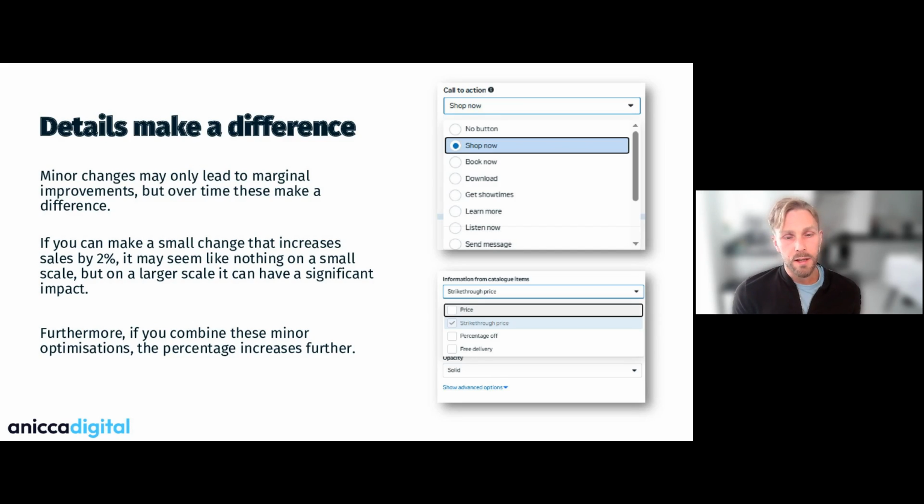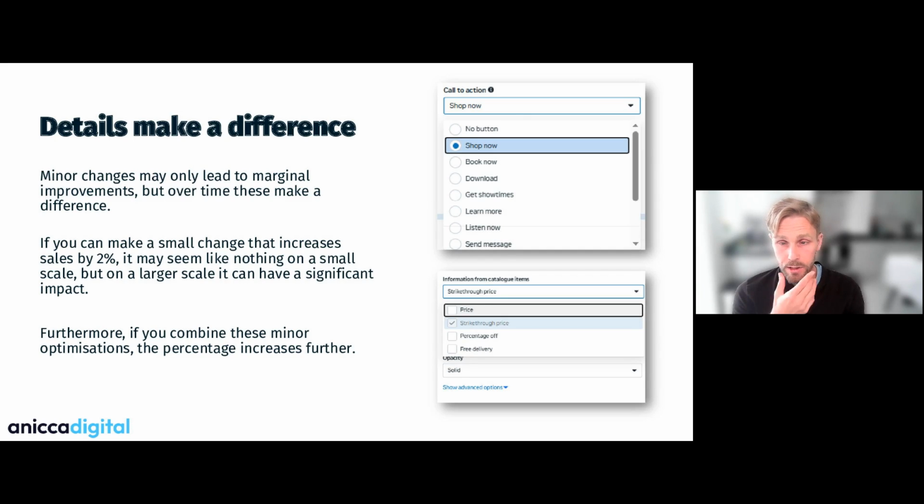If you look at 2% in a 7-day window, that's not a big difference. But over a greater period of time, that 2% can make a big difference. If you keep on making those minor changes, those percentages are going to grow and stack up. If you made 5 optimizations, that's marginally increased it by a few percent. All of a sudden, that adds up. And if you got a 10% difference over a year, that can make a huge difference.